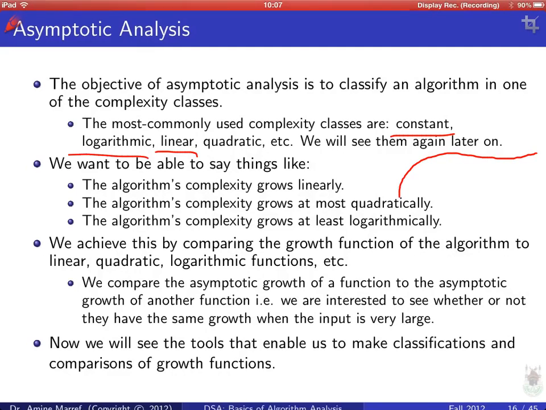Now, which function grows faster? Is it f or is it g? So g grows faster because when n is at this value here, f is still at this value while g is already at this value, and that's why g grows faster than f. So this is what faster means.